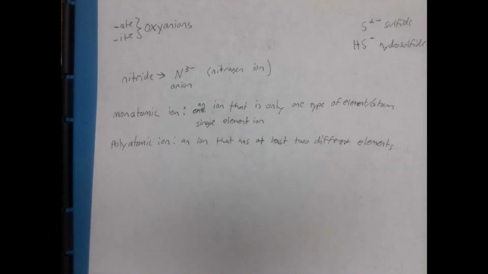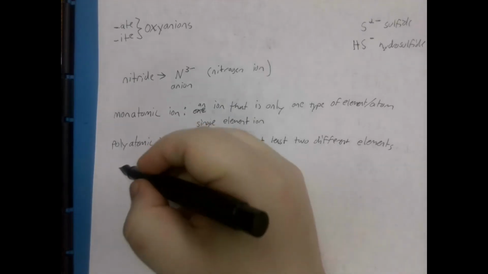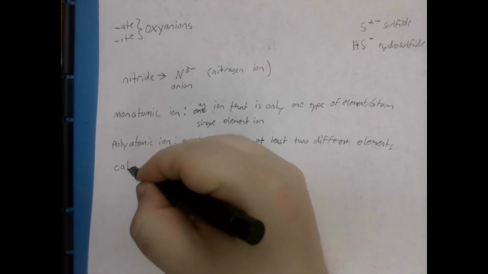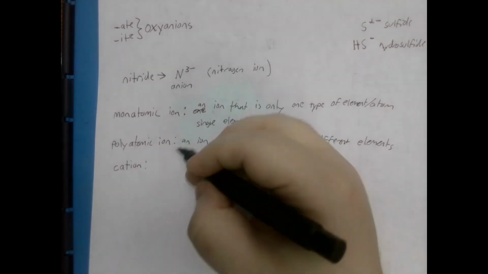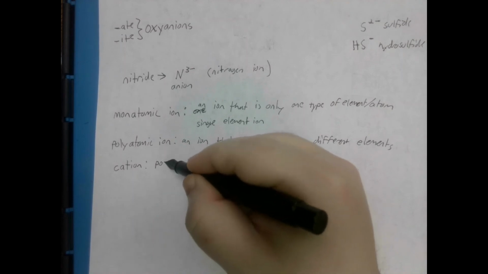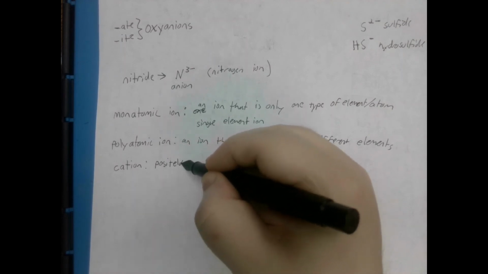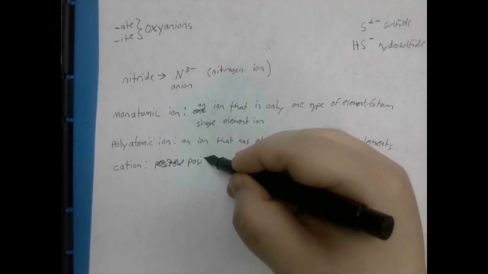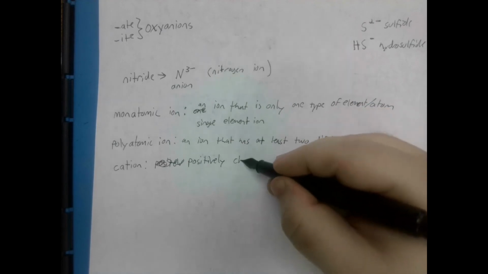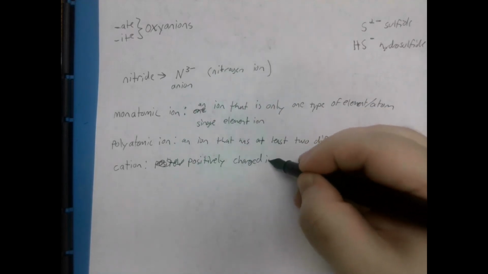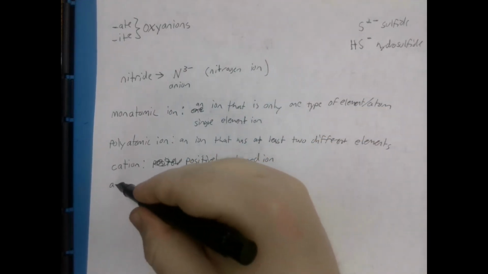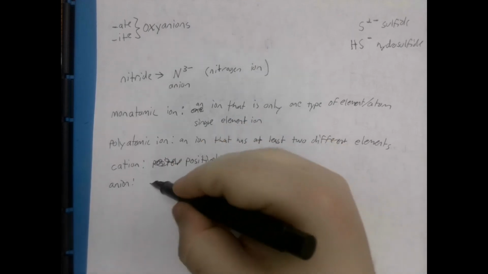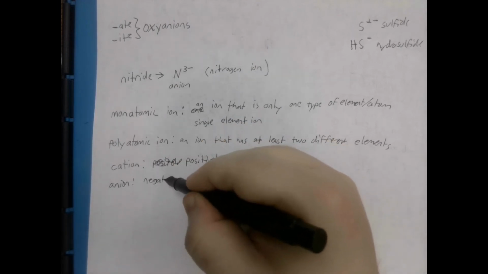So, what's a cation? It's a positively charged ion. Well, anion is a negatively charged ion.